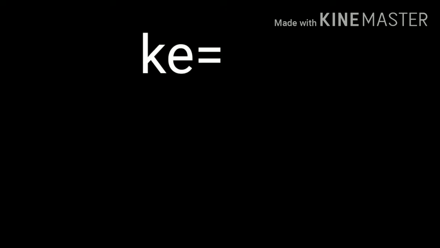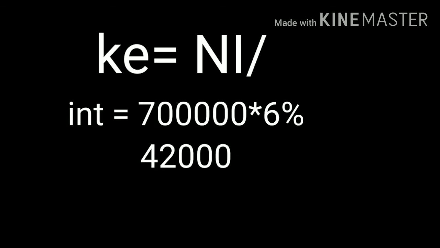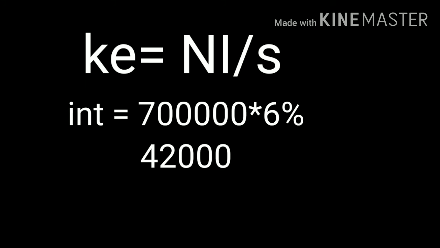KE is equal to NI divided by S. NI is net income or earnings available to equity shareholders. So we want to deduct interest from EBIT. Here EBIT or net operating income is 1 lakh. Then interest is 6% of 7 lakh. So 7 lakh into 6 by 100, interest is 42,000.